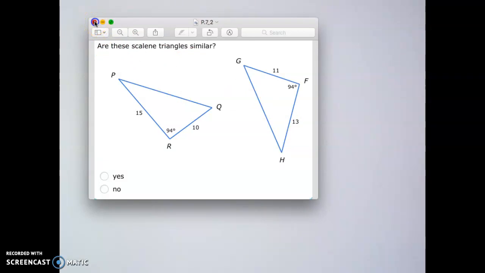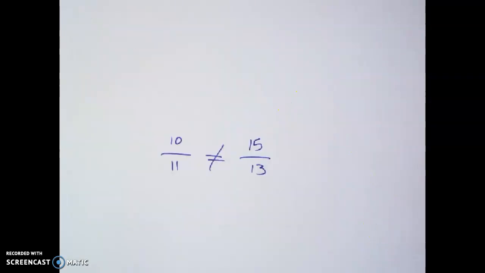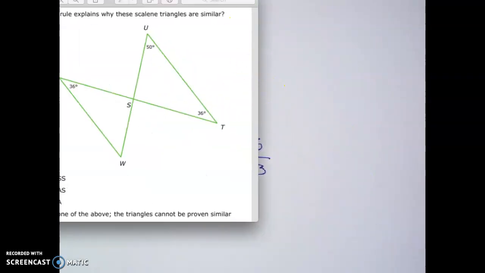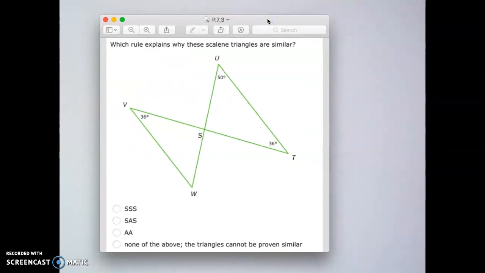And in our last example, we're looking at which rule does help us to show if these scalene triangles are similar. So again, I've got a 36 here and a 36 here. All right, we've got a 50 here and then some unknown angles, although we would have vertical angles, and we know vertical angles are always congruent to one another.